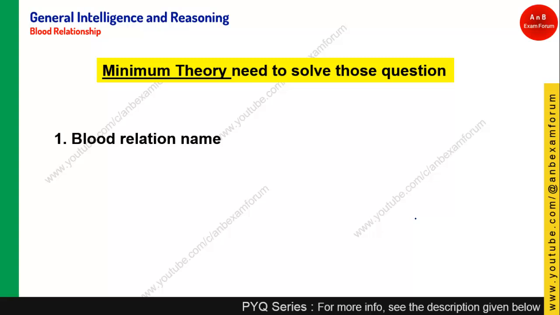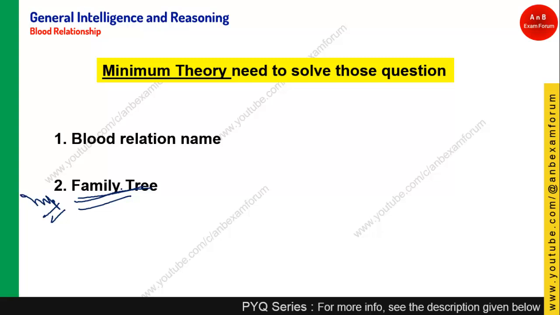We'll see the different blood relation names. And the second and foremost important is the family tree. This is the crux of solving these questions. You should be able to make a family tree for each type. Unless you make a family tree, it is very difficult.